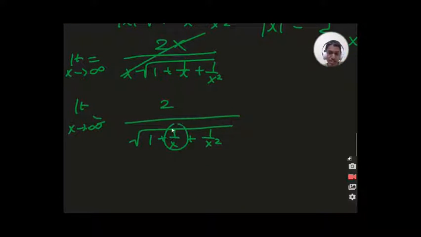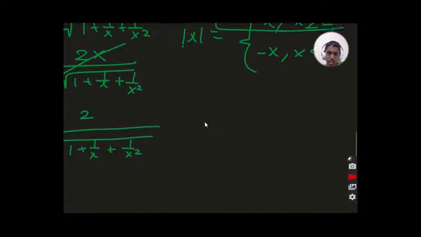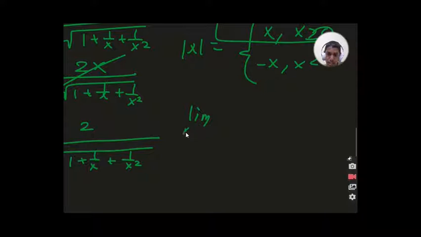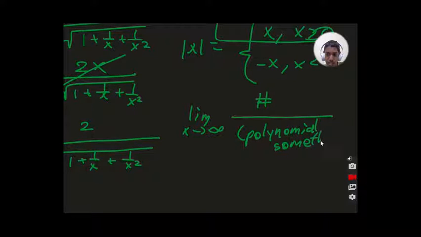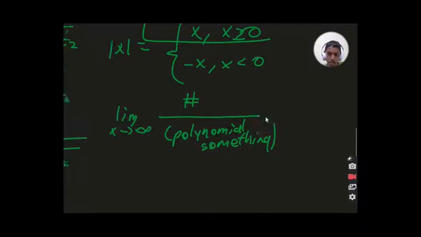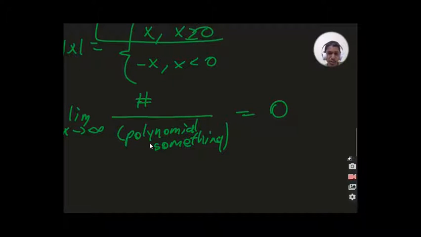So what does that mean for this expression here? Well, we've got some nice 1 over x and 1 over x squared. And in general, when you've got the limit as x approaches infinity of a number over some polynomial, that's going to be 0.